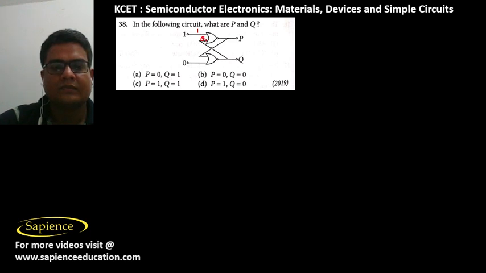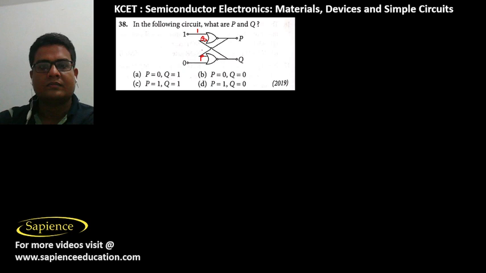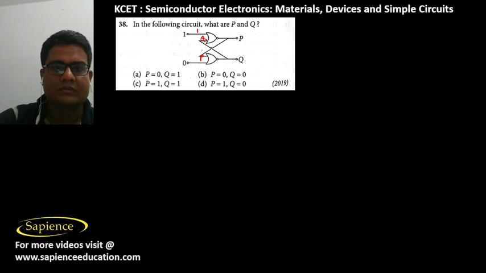This is Q. This input is P. So P is 1 or Q, but not of that, since it is a NOR gate, and Q is equal to 0 or P, but not of that.